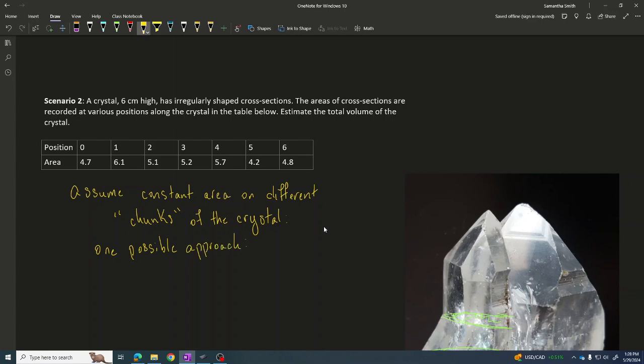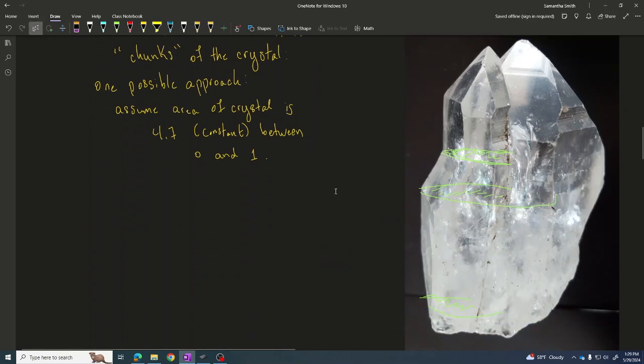Maybe I will decide in this example, just for some variety from the ones that we did yesterday, to take the left value for each of these intervals. So I could say, for example, I'll assume that the cross-sectional area of the crystal is constant at 4.7 between position 0, the base of the crystal, and position 1 unit up along the crystal.